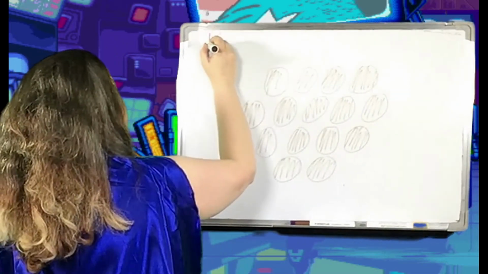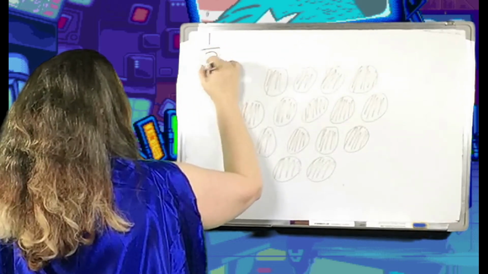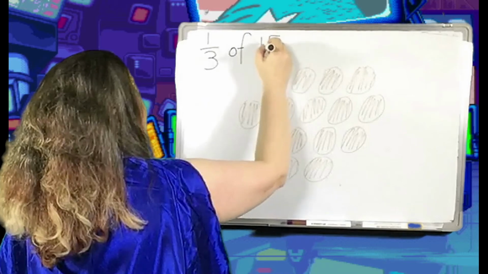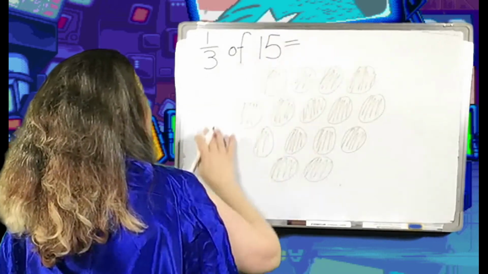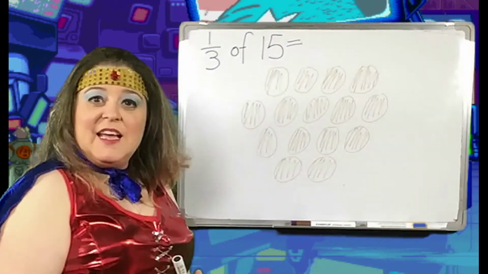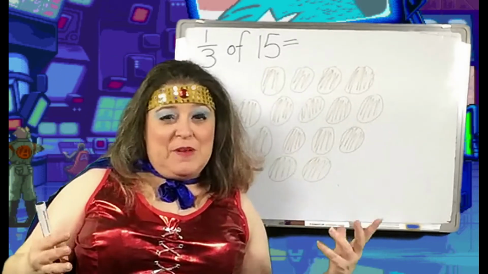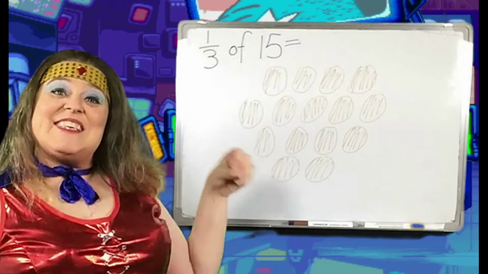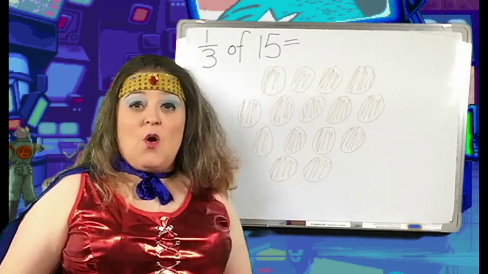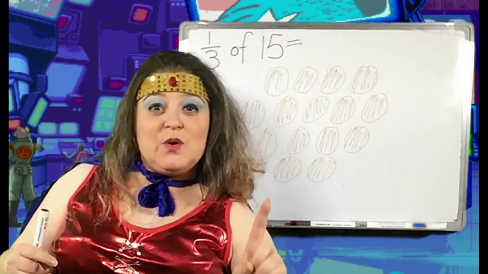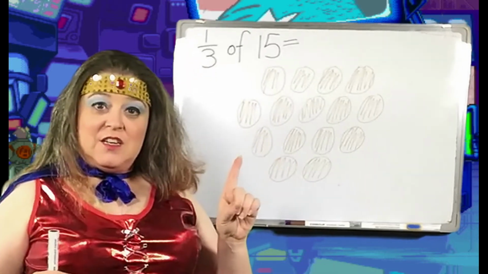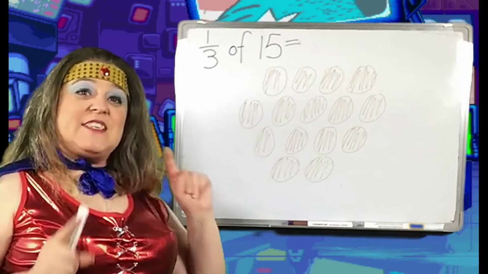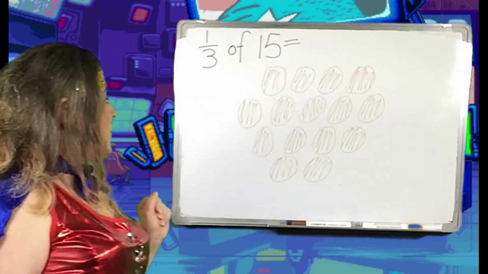So you are trying to figure out 1/3 of 15. Now remember, you can do it by dividing these kiwis into 3 equal groups, or you can do it through a division. Whichever way you think will work the best for you.